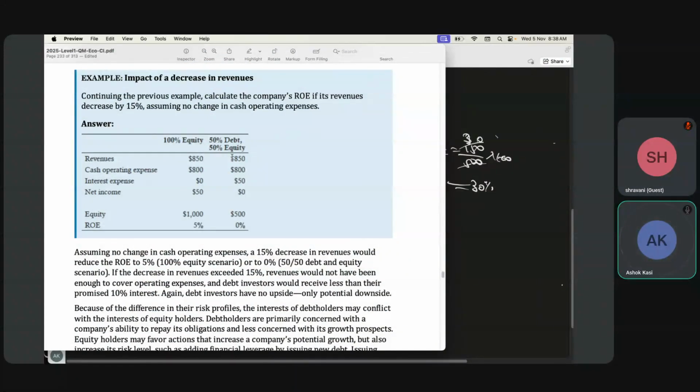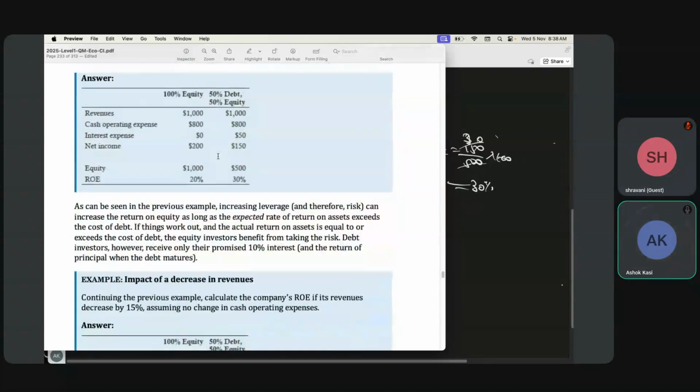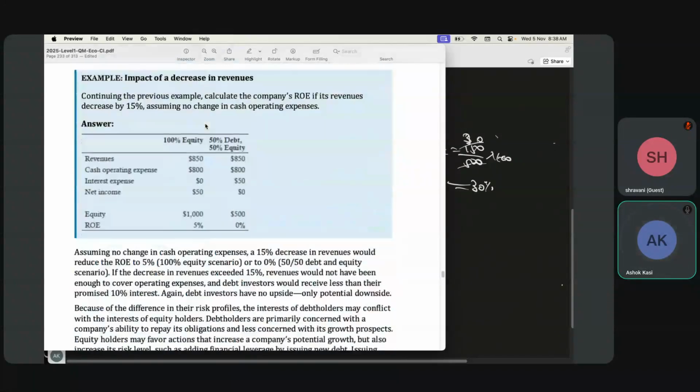In case revenue comes down, now you see it is 850 instead of 1,000. Earlier it was 1,000. Your operating expense of 800 is considered a fixed expense, so 850 minus 800 leaves 50 profit.